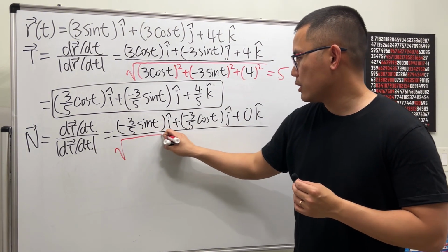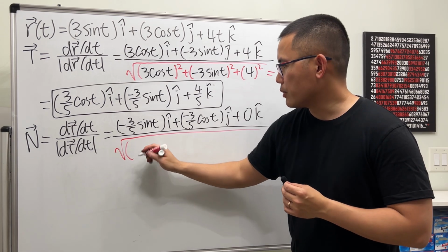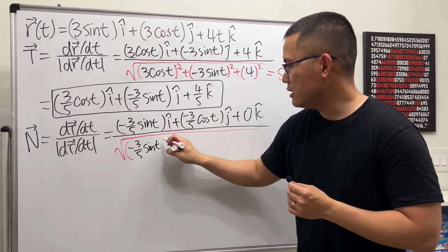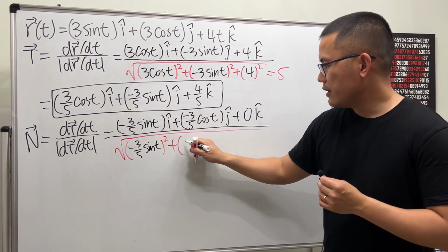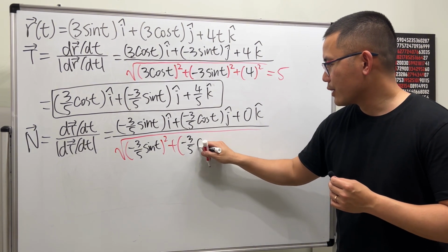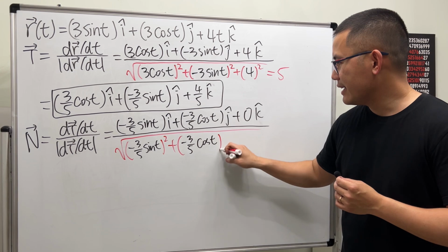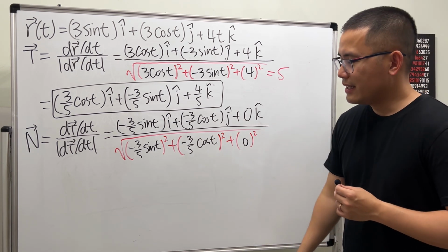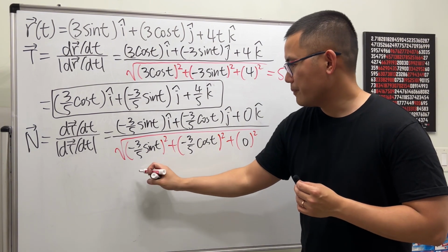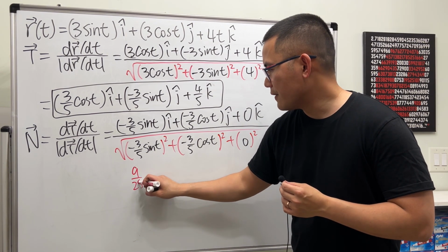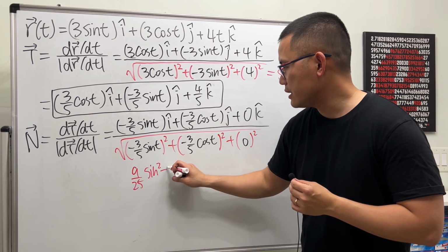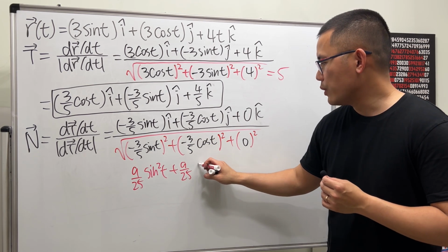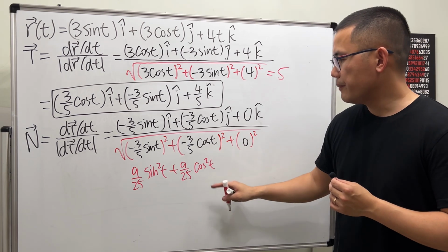So take the square root, square each component: negative 3 over 5 sine t squared plus negative 3 over 5 cosine t squared, plus 0 squared. This is going to be 9 over 25 sine squared t, and this is also going to give us 9 over 25 cosine squared t.